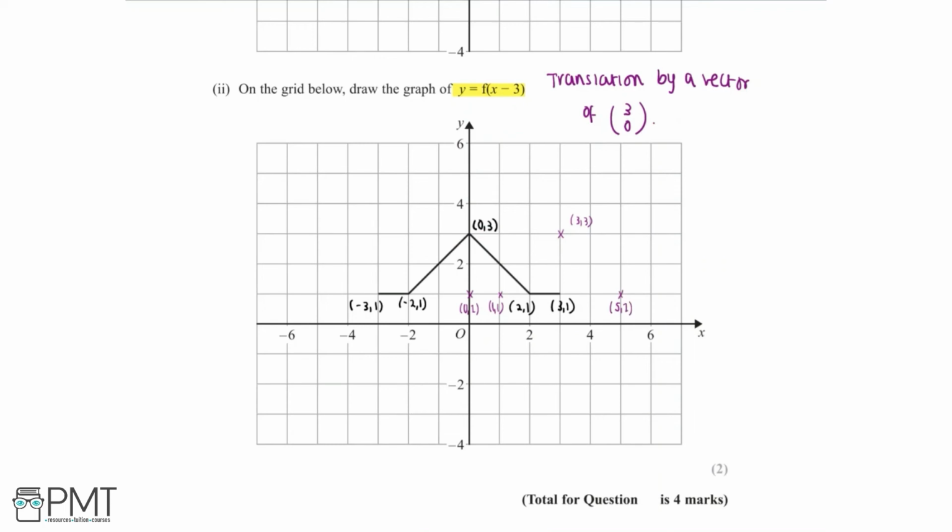So translating this by a vector of 3, 0, we add 3 to the x-coordinate, and so our new x-coordinate will be 6. The y-coordinate of 1 remains unchanged, and so our translated coordinates is equal to 6, 1. Now we can join up these points. And so we've now correctly drawn the graph of y equals f of x minus 3.